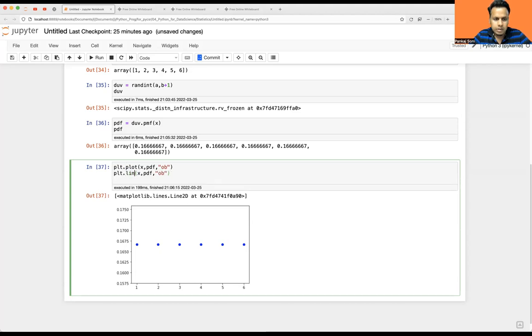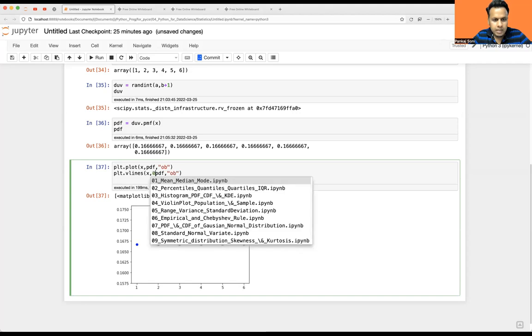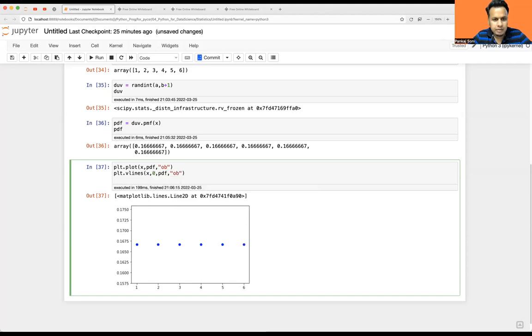So this is nothing but a vline, vertical line, for each X value, and for Y from 0 to PDF. Let's say I can add a little beautification here, 0.2, and marker size, let's say, 0.8.